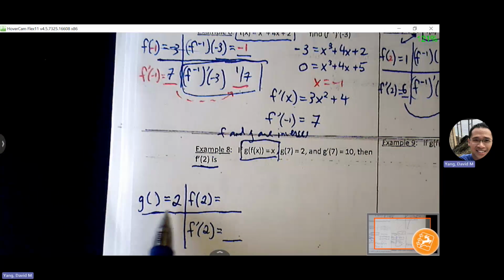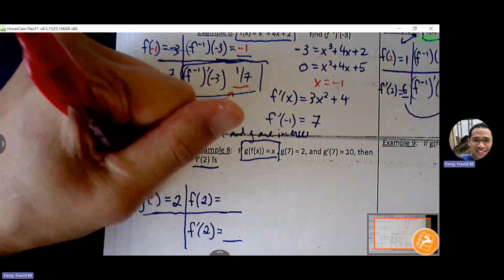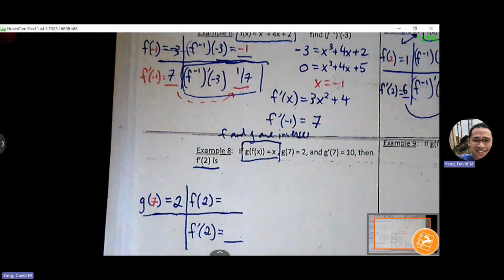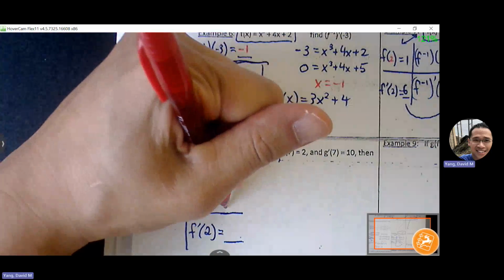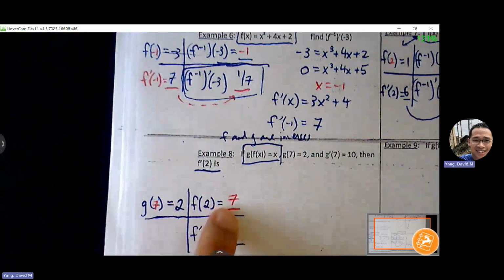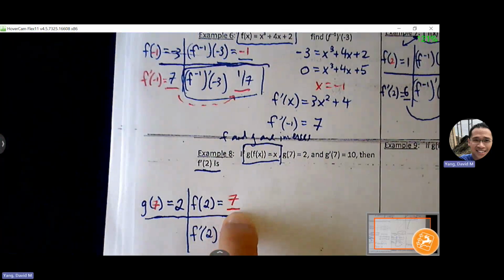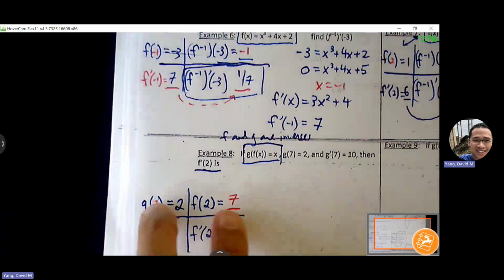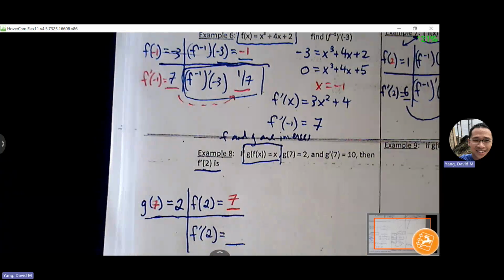g of what is equal to 2? g of 7. So if there's an ordered pair of (7, 2) that lives on the g function, there must be an ordered pair of what that lives on the f function? (2, 7), right? We technically don't need this number, but I like to have students fill this in just so they can see that flip-flop relationship between f and g.